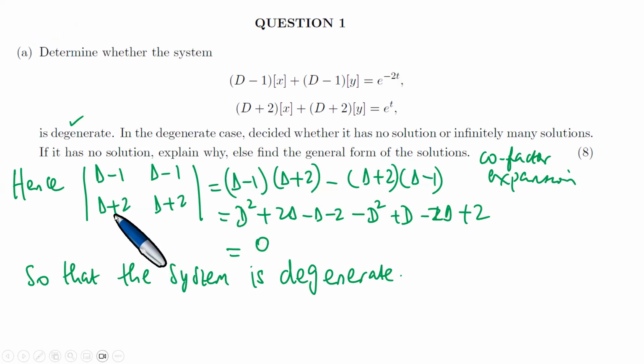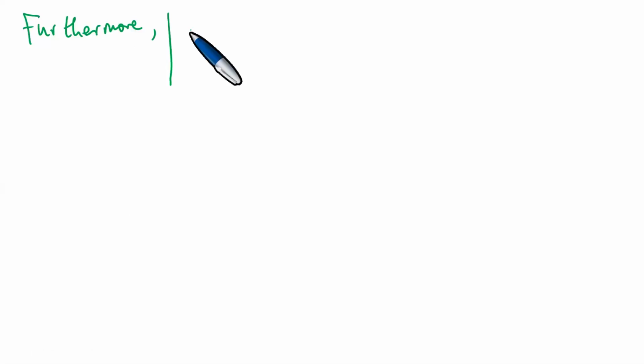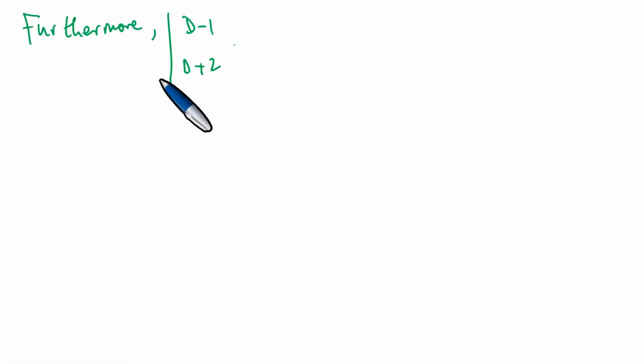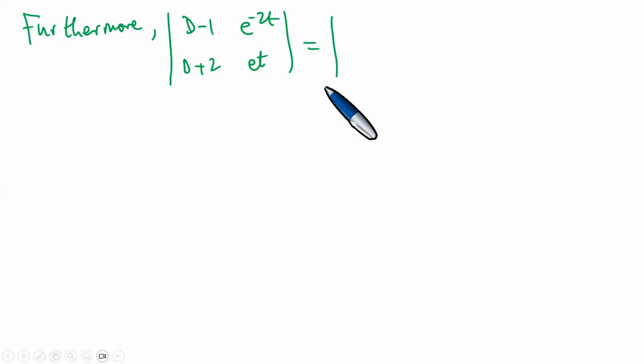So d minus 1, d plus 2. Okay, this is just Cramer's rule. And now the column of the right hand side expressions, e to the minus 2t, e to the t. So we expect this one to be equal to zero when we take these right hand sides and put them here.